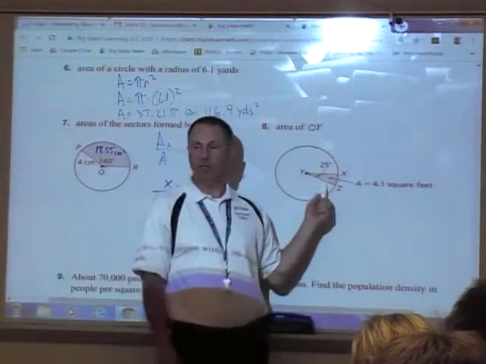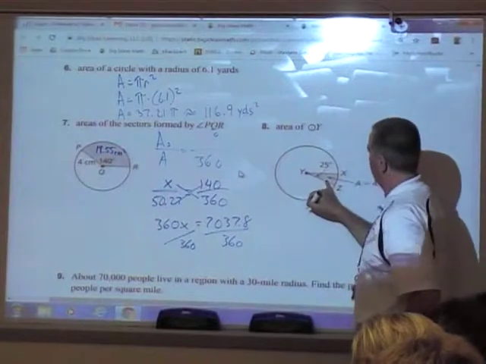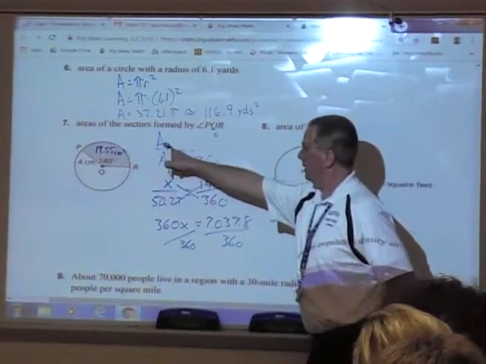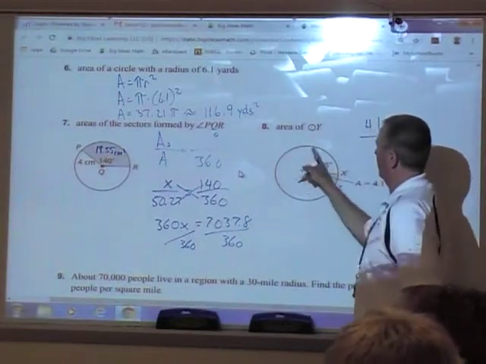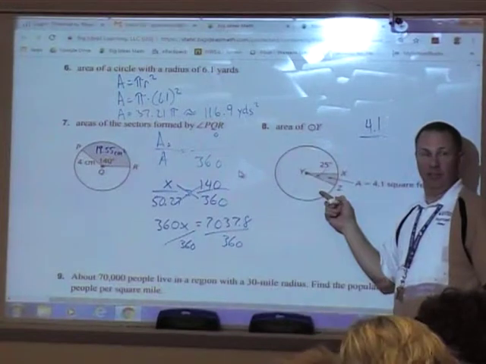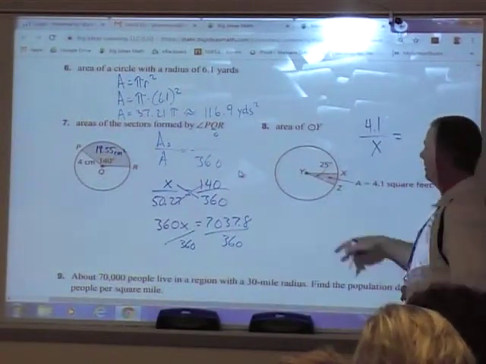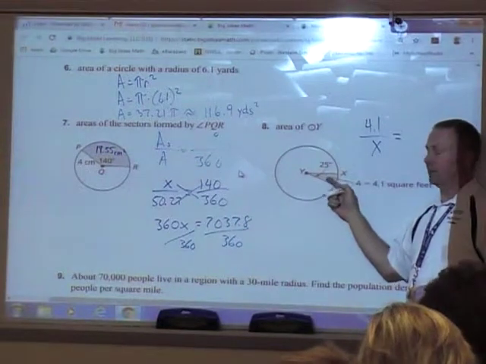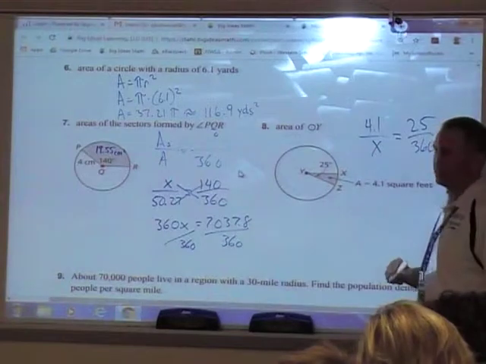Now number 8's a little bit backwards. It actually gives you the area of the sector. So let's work this out. The area of the sector is 4.1. That goes in that position. I don't know the area of the circle, and I can't find it because there's no radius or diameter. So that's my x. The degree of the sector is 25. And now everybody cross multiply there.